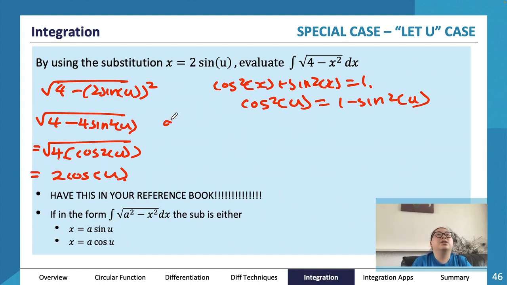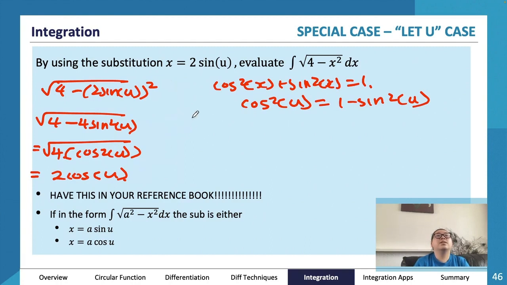Okay, so then in terms of our du dx, in terms of our 2 sine u, we're just going to derive that, and the derivative of sine u is just cos. Because we have it in terms of u right now, I'm just going to rearrange first before we jump ahead.